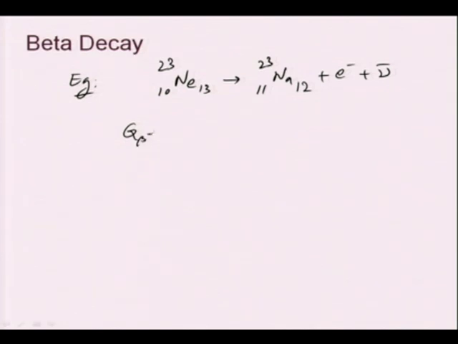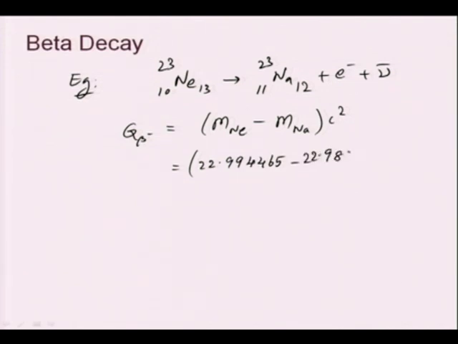And the Q of this reaction is mass of Ne minus mass of Na, corresponding isotopes that we are considering. In terms of atomic mass units, these are 22.994465 units and 22.98976868 units, atomic units.